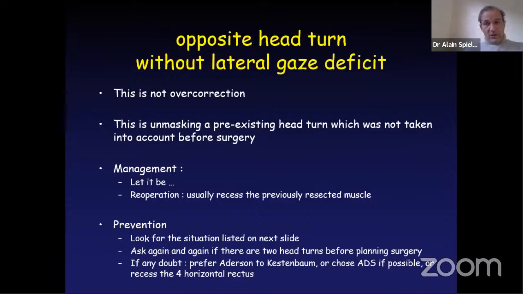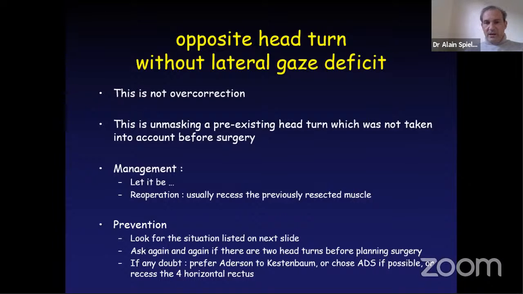Prevention is of utmost importance, and you will have to look at the situations listed on the next slide. Before planning surgery, you will have to ask the patient or the parents of the child, again and again, if they can see two head turns in daily life, sometimes to the left, sometimes to the right, before deciding whether you will do a customized surgery.